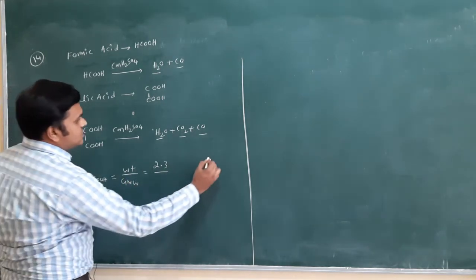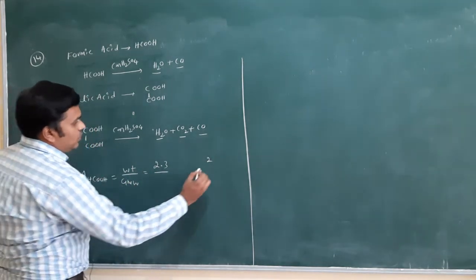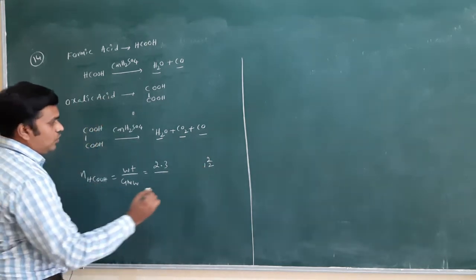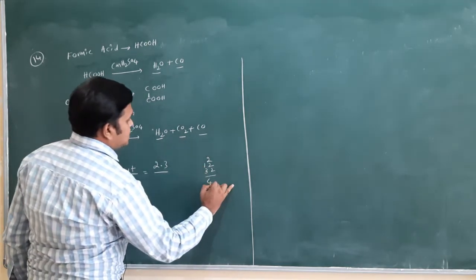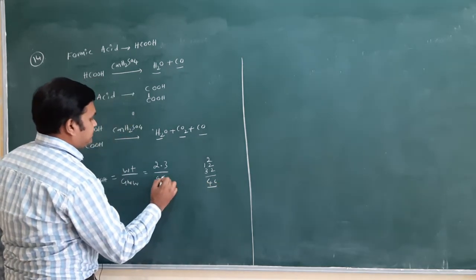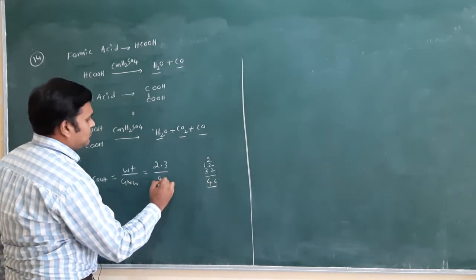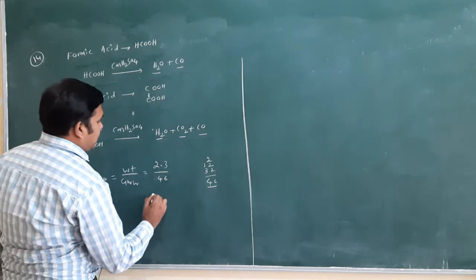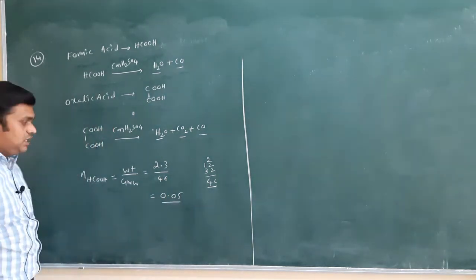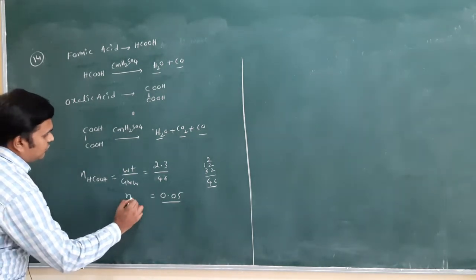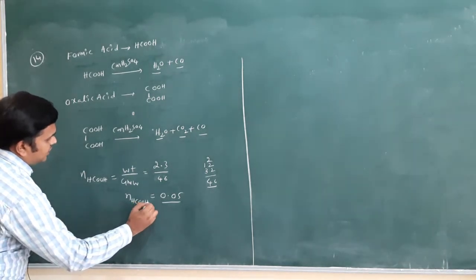We have 2 hydrogens, this is 2, and 1 carbon, that is 12, and 2 oxygens, that means 32. So what answer do we get here? 46 only. If you do the calculation, you will get 0.05 moles only. This is the number of moles of formic acid we have.